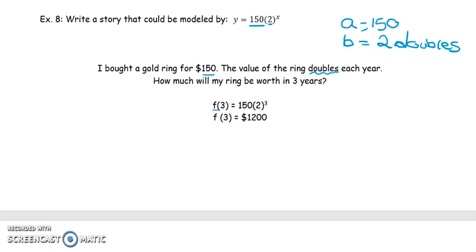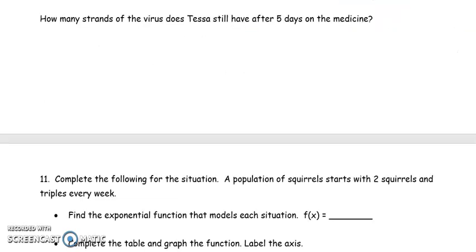Okay, so you can either write down that example of mine, or you could write down your own example, whichever way you would like to do that.